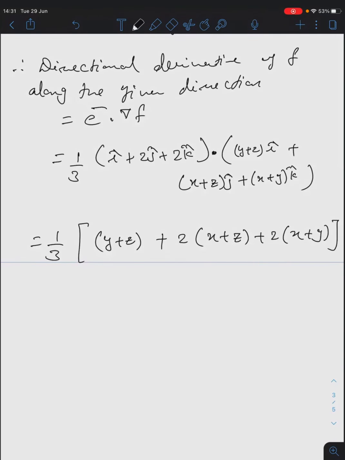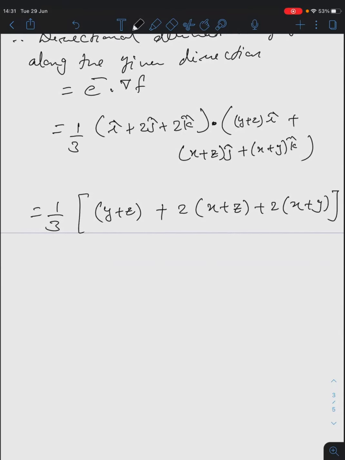Okay, so that means at the point, what is the point given here? At point 1, 2, 0. So just you need to substitute x, y, z values as 1, 2 and 0. So wherever you have z, substitute 0. For x, you substitute 1. So 1, z is 0. Again 2, z 0.